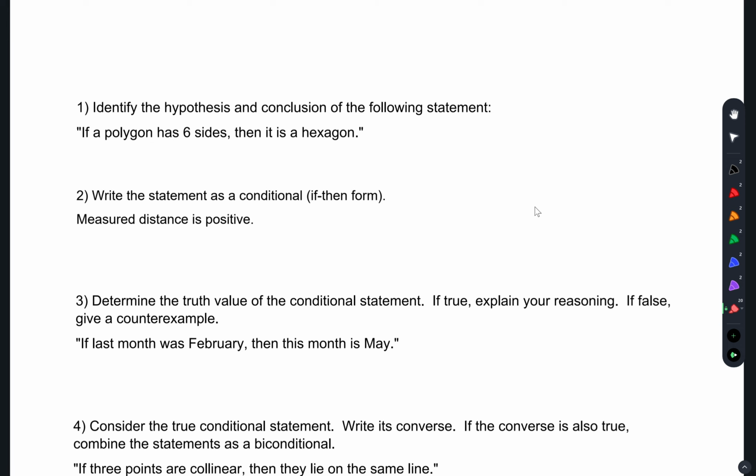So, identify the hypothesis and the conclusion of the following statement. If a polygon has 6 sides, then it is a hexagon. We're going to start with the hypothesis. What is the hypothesis in this statement? Casper. We're not going to include that word if, but I will say the hypothesis, P, is a polygon has 6 sides.